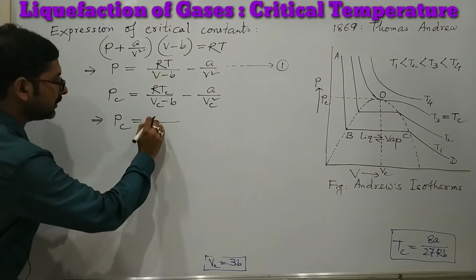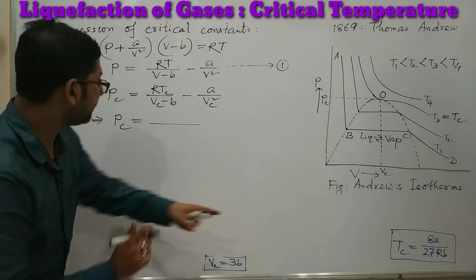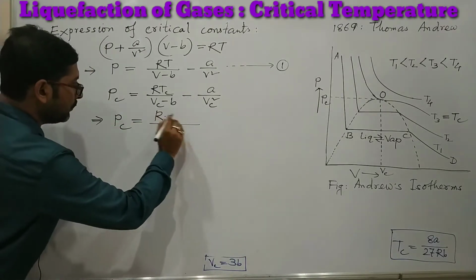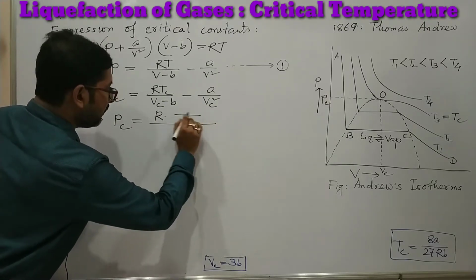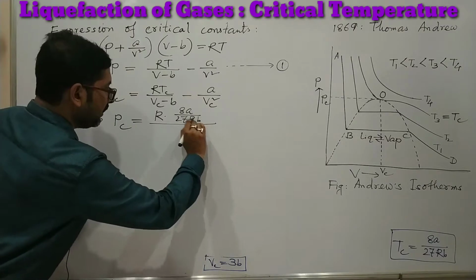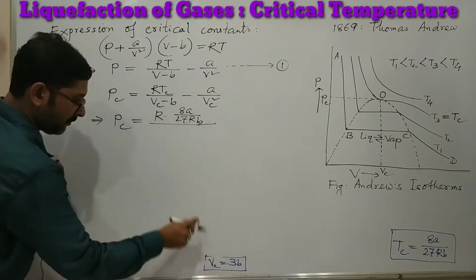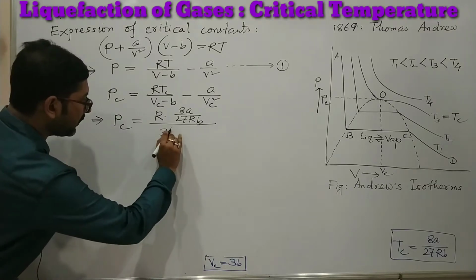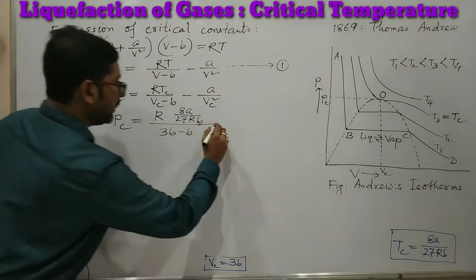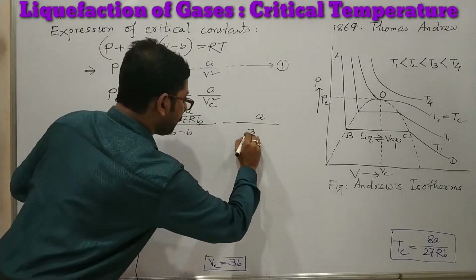Substitute the value of Tc here, R into 8A by 27RB. Vc is actually 3B, so (3B minus B) minus A by (3B) whole square.